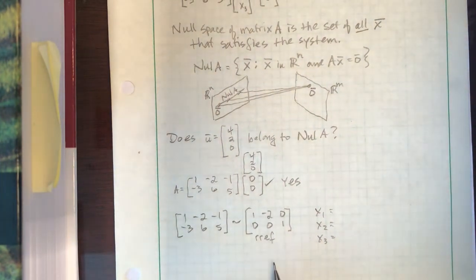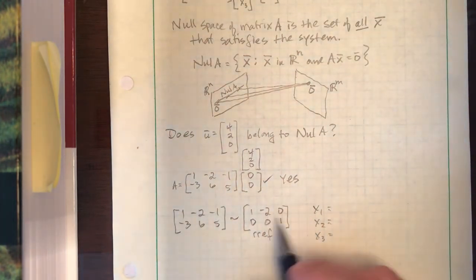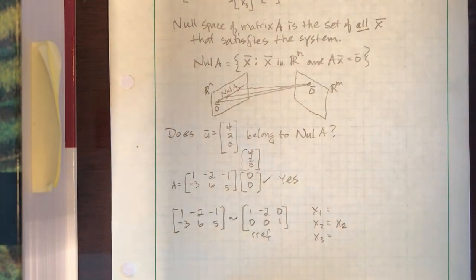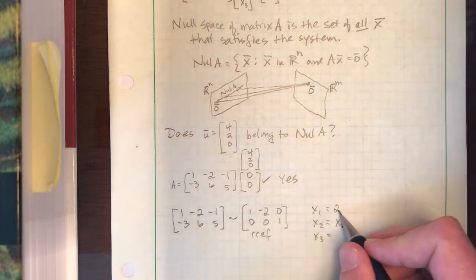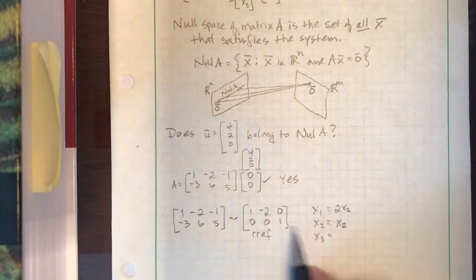We know that any column that doesn't have a pivot is a free variable. So that would be column 2. So we give that its own free variable form. And we then define the others in terms of that. So that would tell me x1 is positive 2 x2, and x3 is just 0.